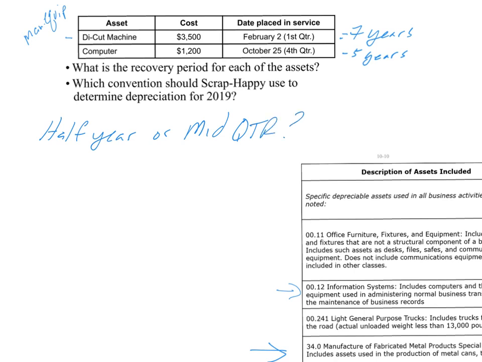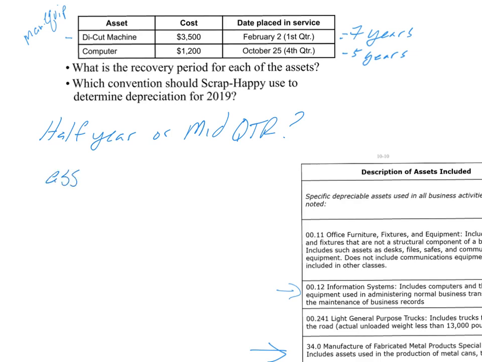mid-quarter. The test is if they've placed in service more than 40% of their assets by cost in the last quarter, then they have to use mid-quarter. So what do we need to look at? What was placed in service?